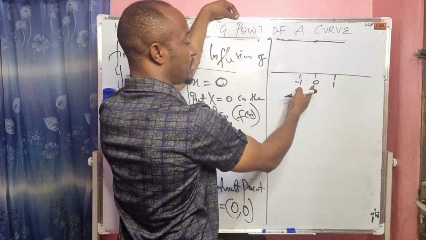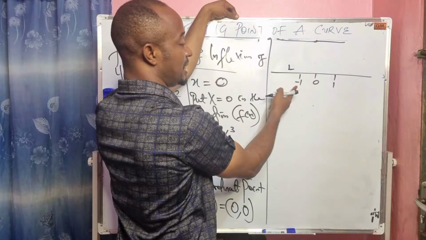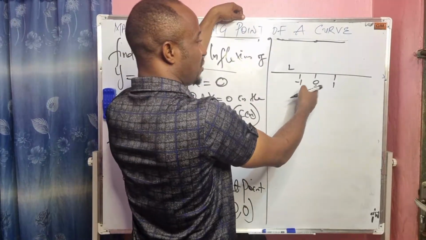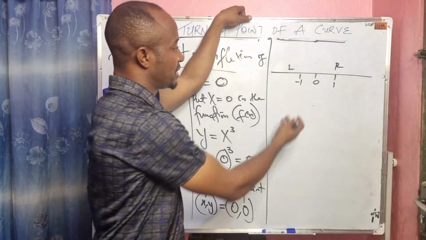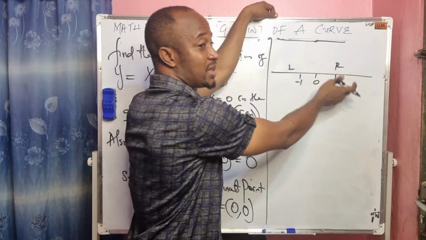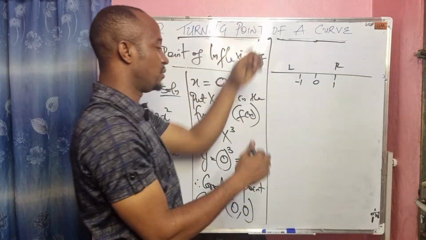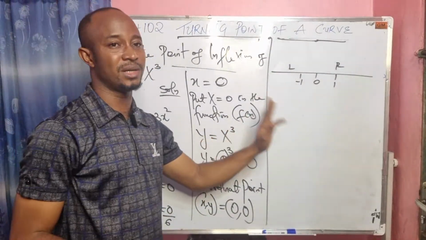I will just subtract 1 from 0 to get the left value, minus 1, and add 1 to 0 to form the right value. Some materials will just subtract 0.5 and add 0.5, but I'm just using 1. Throughout your point of inflection, if you have to test for x, always use 1.